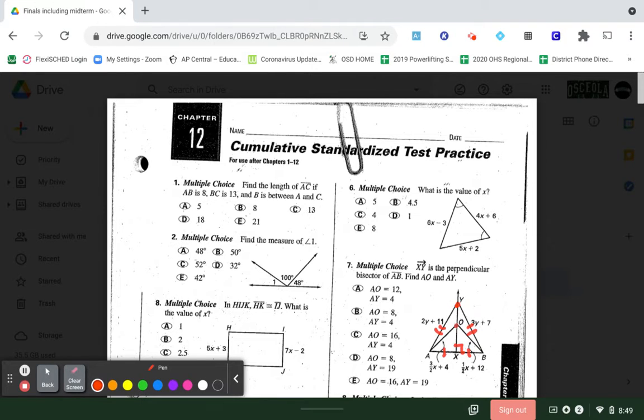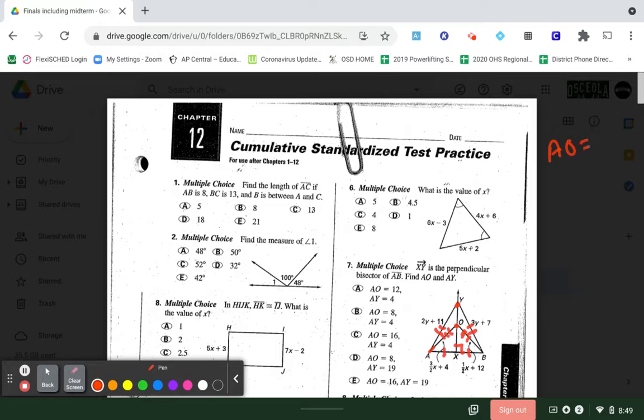Any point on the perpendicular bisector is equidistant to the two endpoints. So that means that this is also the same as this. So we're looking for, what do we need? We want A to O.